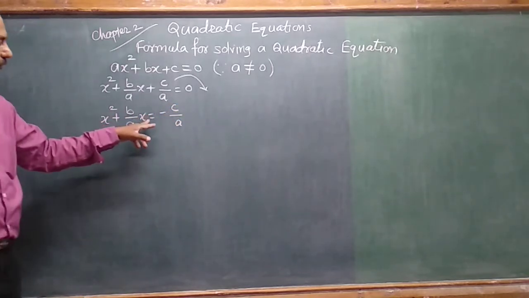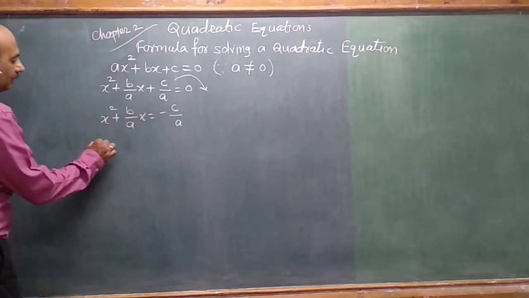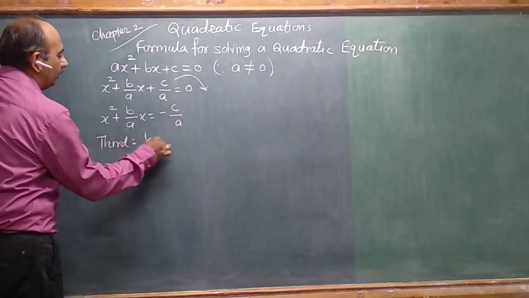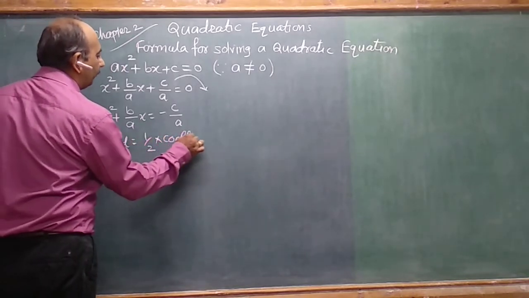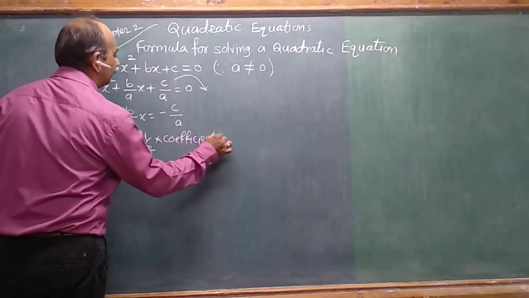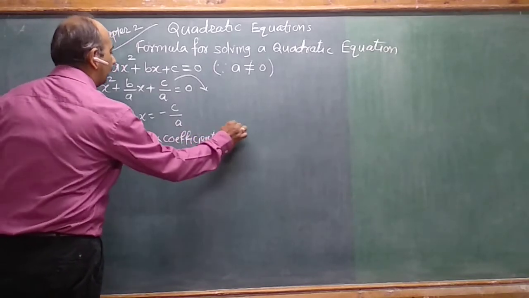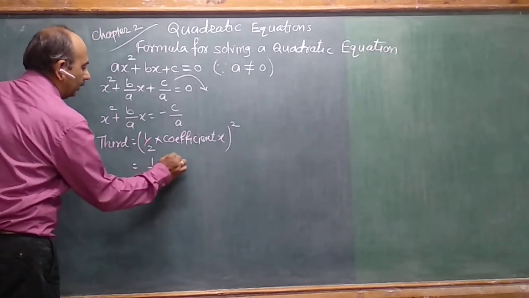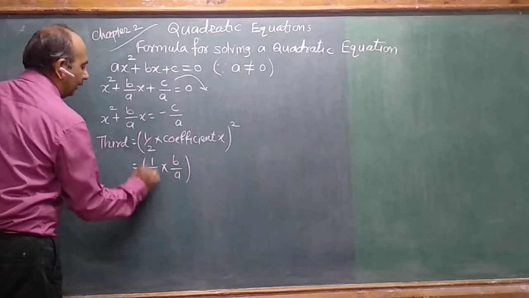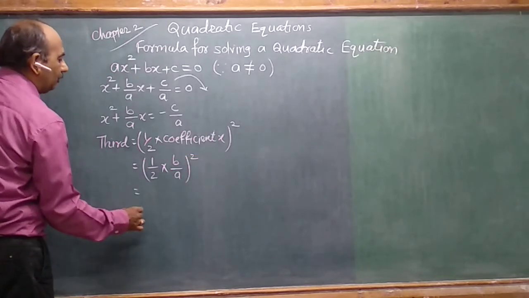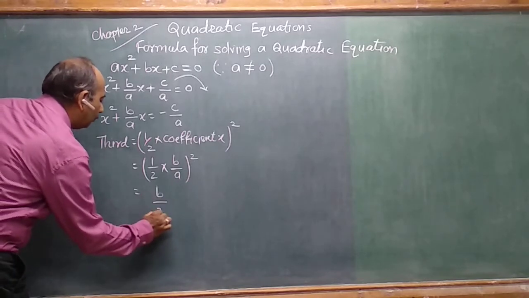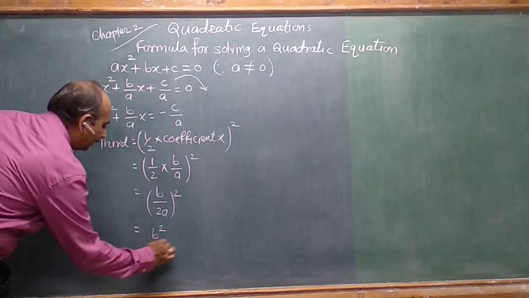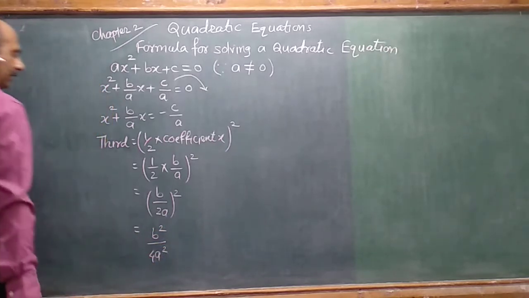Now here we don't have a third term. So to get the third term, our regular formula is half of the coefficient of x, in brackets, squared. Here the coefficient of x is b upon a. So 1 upon 2 into b upon a, in brackets, squared, is equal to b upon 2a whole square, which is equal to b square upon 4a square.